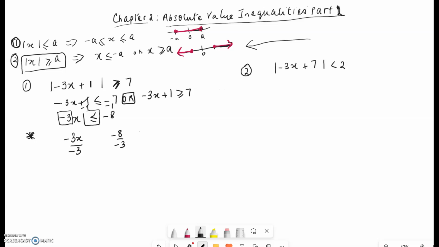What was the direction? It was less than or equal to. Now that we've divided both sides by a negative number, that's what makes the difference. Now the direction of the inequality goes in the opposite direction.